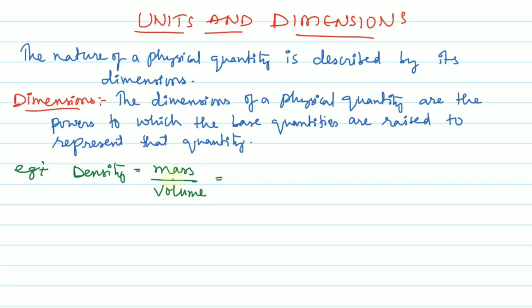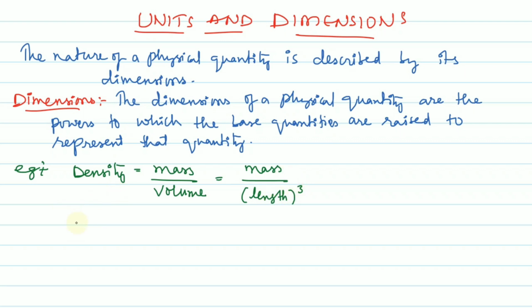If we represent this density in terms of base quantities, we know that mass is a base quantity, that's nothing but a fundamental quantity. And volume is a derived quantity. When we represent it in base quantities, we can write it as length cube, because volume is nothing but length into breadth into height. So it can be represented in terms of base quantities as length cube, right?